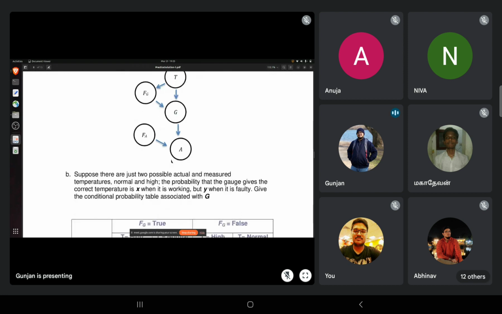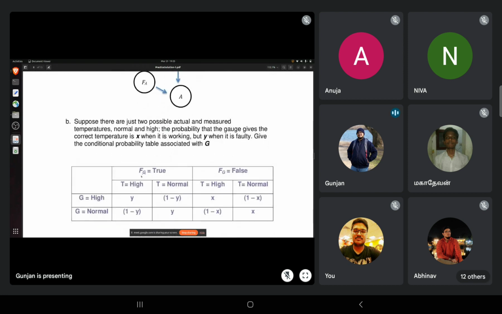Okay. So there will be two scenarios: Fg is true, that is the gauge is faulty, and Fg is false when the gauge is working correctly. For T similarly we have two values, high and normal, and for G, high or normal. When temperature is high, it is more likely to fail, so we have Y here.